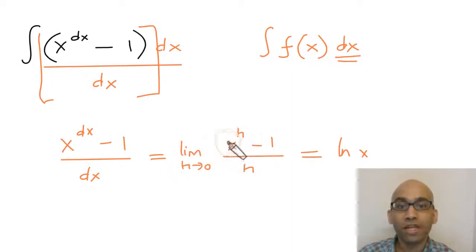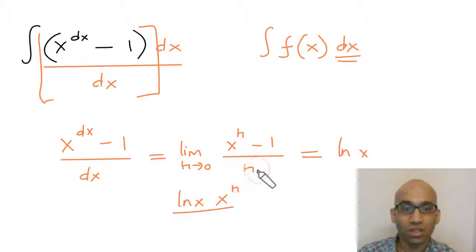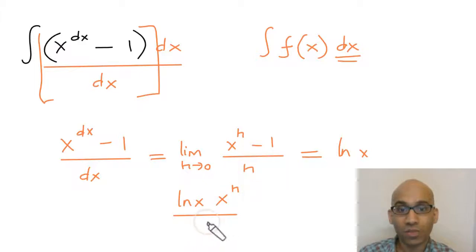So we differentiate x to the h to get log of x times x power h. And then you differentiate 1 to get 0, and then you divide by the derivative of h with respect to h, which is 1.